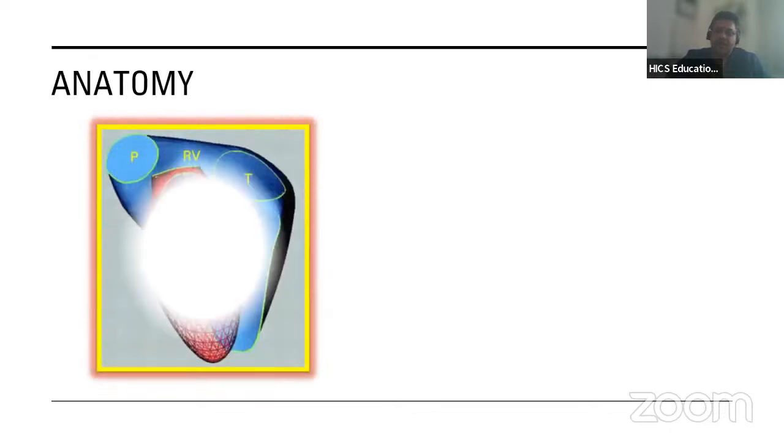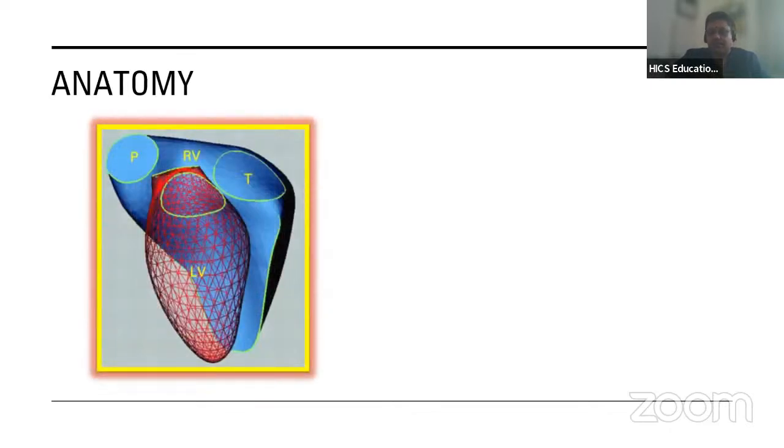To explain that, you need to look at the anatomy. When pathophysiological processes are not active and the heart is healthy, the right ventricle is actually behind the left ventricle. As you can see in this picture, this is the LV, and behind that you find the right ventricle with the tricuspid and the pulmonary valves on either side.